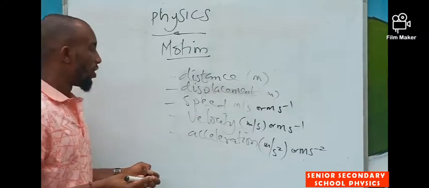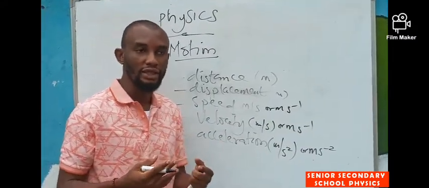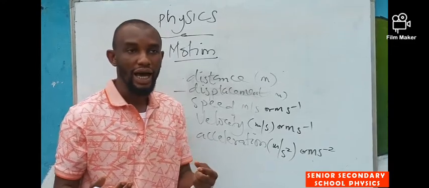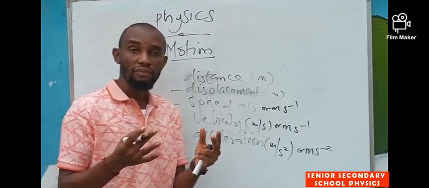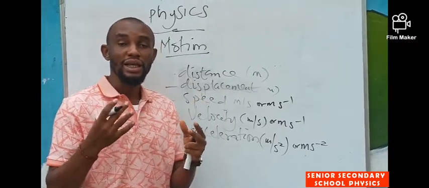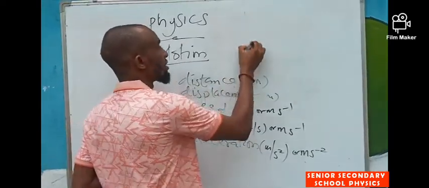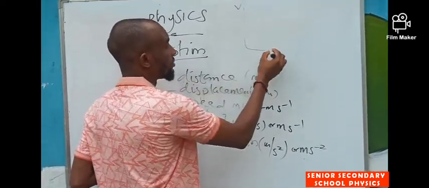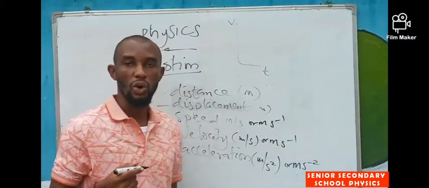Okay, now when the velocity of an object is collected over time and a graph is being plotted, with the velocity on the vertical axis and the time on the horizontal axis, that will give rise to what we call what?